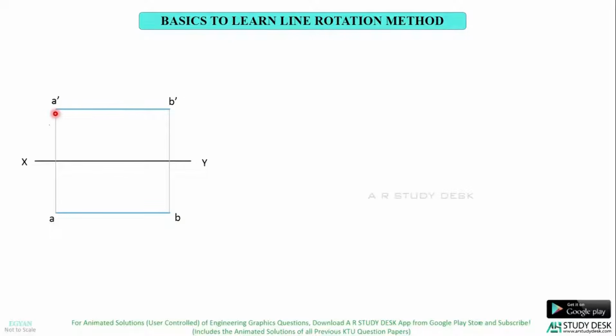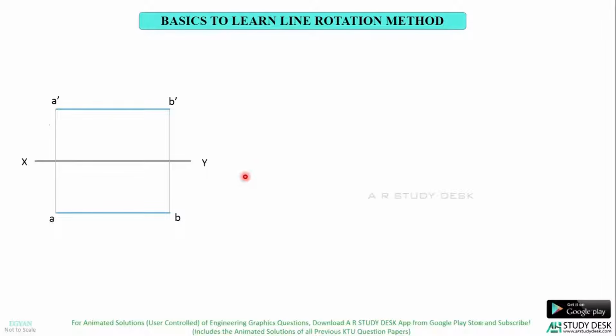Here, the line A dash B dash is parallel to XY line, which means the line is parallel to HP. Now when you look at the top view, treat the XY line as VP. Here the top view AB is parallel to XY line, which means the line is parallel to VP. So from this diagram, we understood that the line is parallel to both HP and VP.